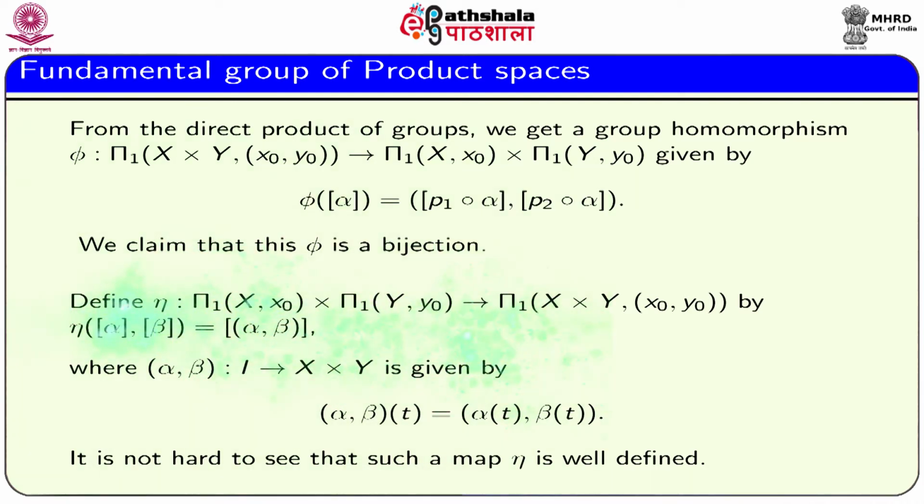So, we define η from π1(X) cross π1(Y) to π1(X cross Y) by η of the pair ([α], [β]) equal to the class of (α, β), where this (α, β) stands for the map from I to X cross Y given by (α, β)(t) equal to the pair (α(t), β(t)). It is not hard to see that such a map η is well defined.